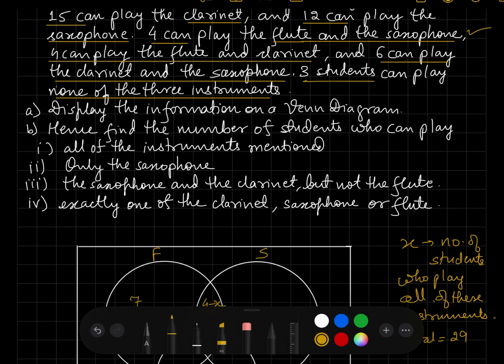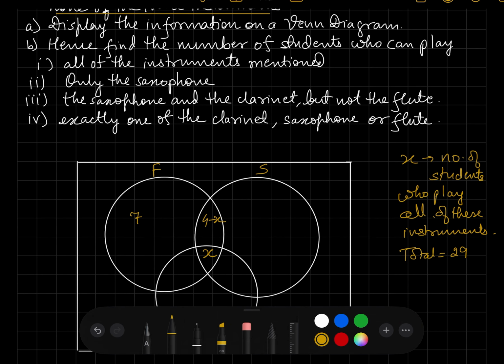Flute and clarinet is 4, so again here also 4 minus x. Now again minus 4 we will have to do, 7 minus 4, so 3. So it would be 3 plus x here, right? Now see, the total number for the flute is 11.